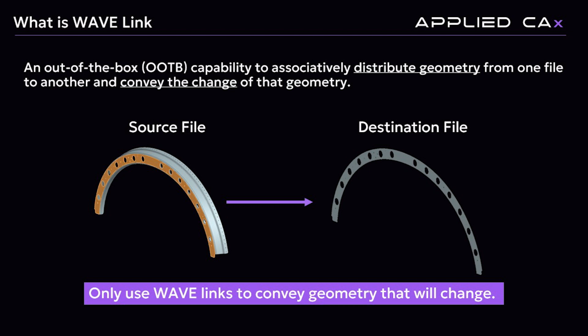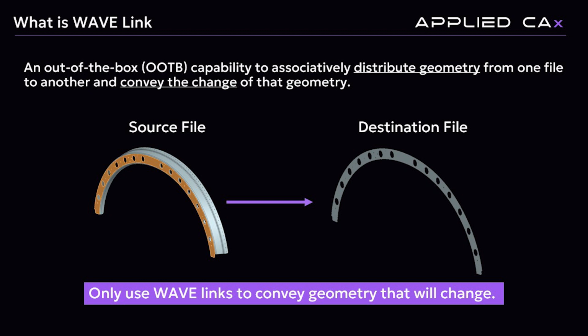And so what is wave linking? For those who don't know, it's an out-of-the-box capability to take geometry that's going to change, dynamic geometry, and distribute it from one file to another, so that the components that need to see that change and update will see it.